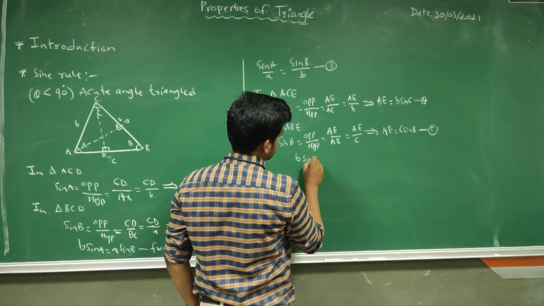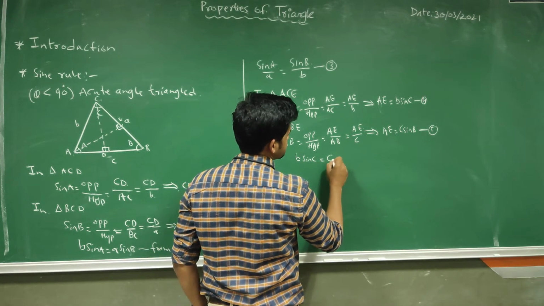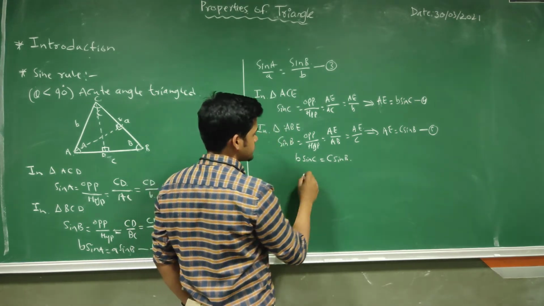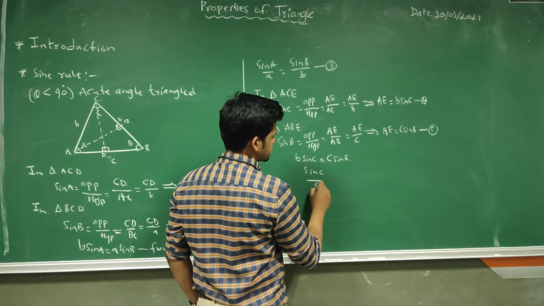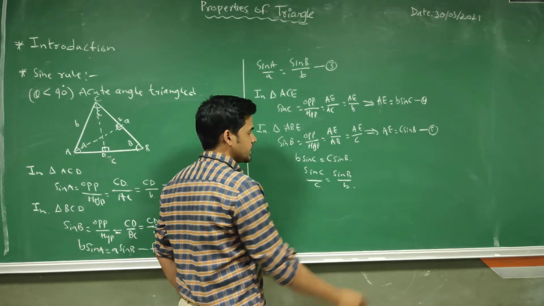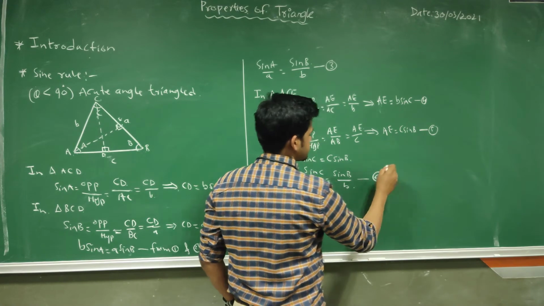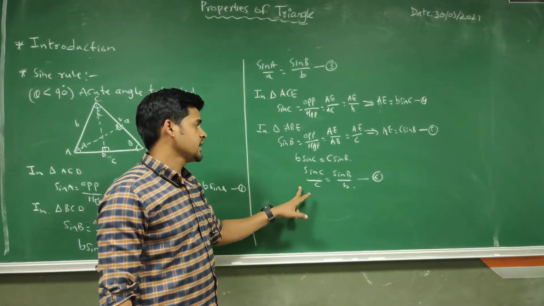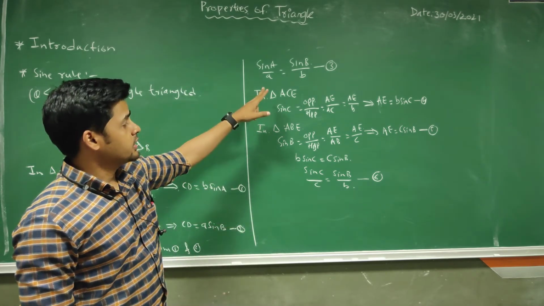B sin C is equal to C sin B, and if I arrange this as sin C by C and sin B by B, let's take equation number 6. Just see here, equation number 3 and equation number 6 both are equal. Why?